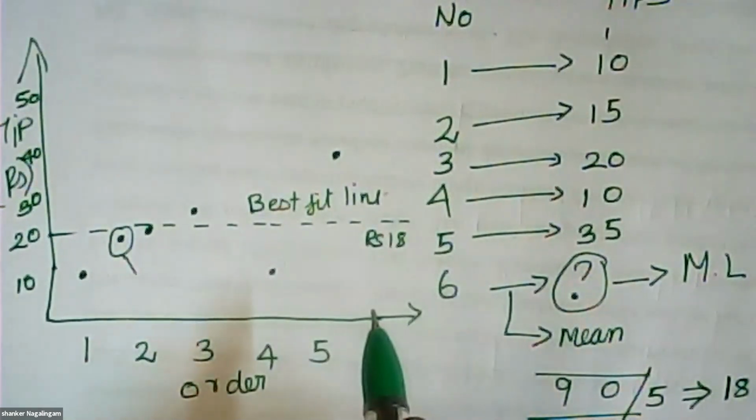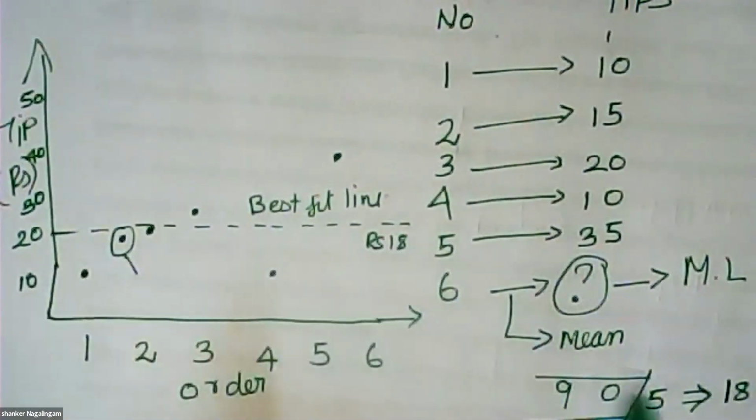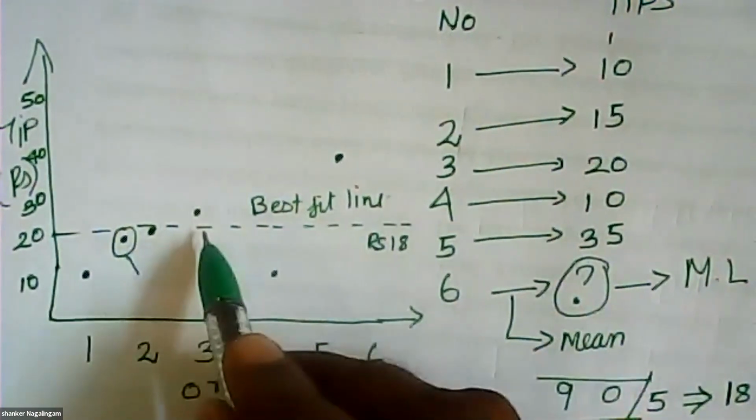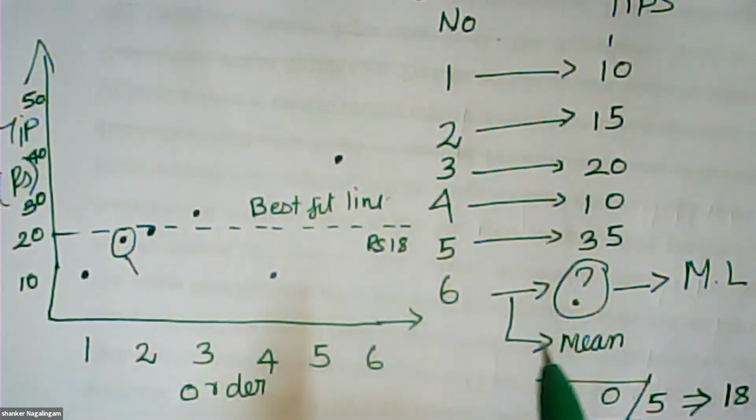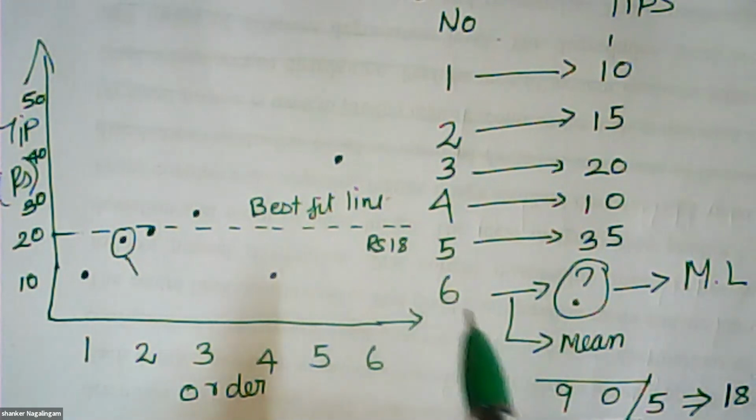Now, when these points are very close, for example, the third is about 20, very close to 20, whereas the fourth is about 10. Okay, and when you talk about 35, it is about here.